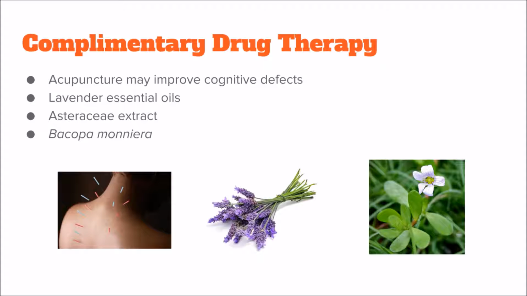Asteraceae extract made better the cognitive impairments induced by scopolamine, and also Bacopa monnieri showed to reverse the effects of retrograde and anterograde amnesia caused by scopolamine in rat studies. The herb studies are more alternative, they're not complementary.